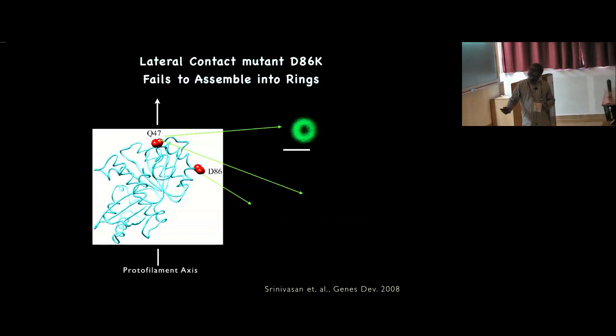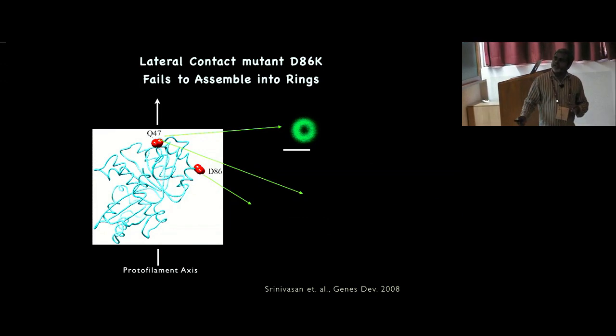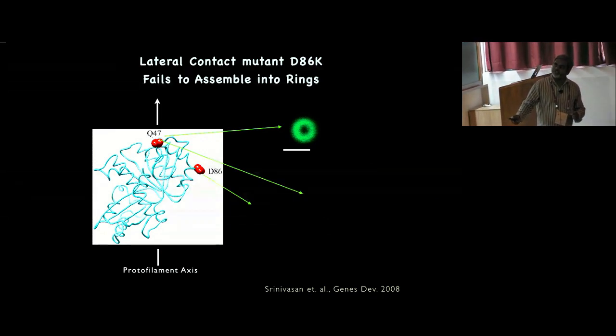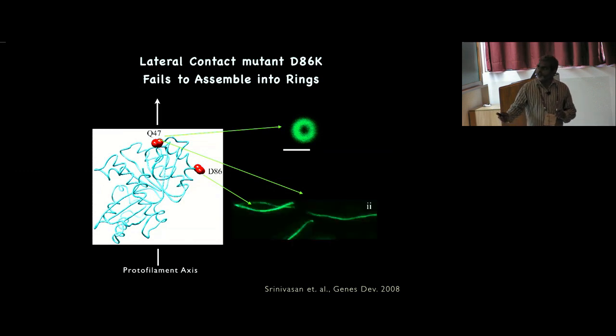So again, what we did is, if this is the protofilament axis where FtsZ subunits are stacked one on top of the other, the mutation that I showed you was this one, the GTP hydrolysis mutant. Then we made a bunch of mutants already known from the E. coli literature on this surface or this surface. And one of these mutants formed only these linear filaments and never formed rings. It never went on to form this ring structure that I showed you.